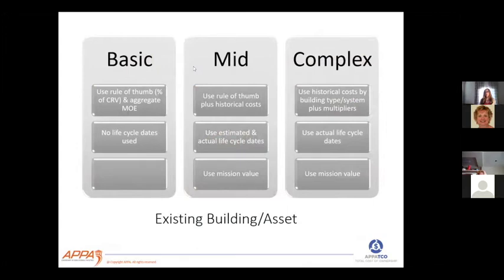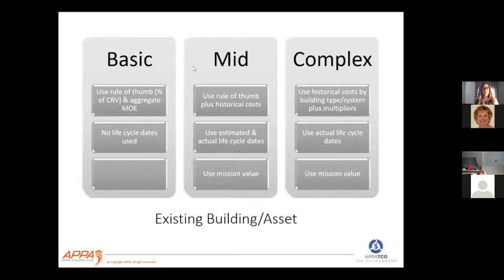All right. So if we're looking again at new construction or basic, mid, and complex, implementing total cost of ownership for our new building. Oops, and there's my first error on my slides. Existing building asset is actually not the existing building, it's the new building asset. So the basic is to use that rule of thumb.